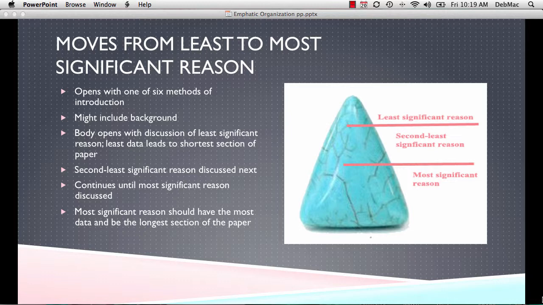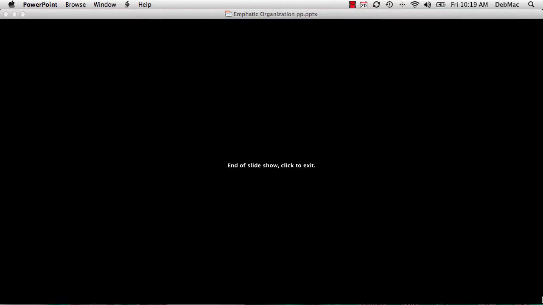Then all you'll need to do when you get to that point in the paper itself is possibly adjust some wording so that there's a decent transition. And that's just basically a quick review of emphatic order, which we learned when we were discussing paper 1.